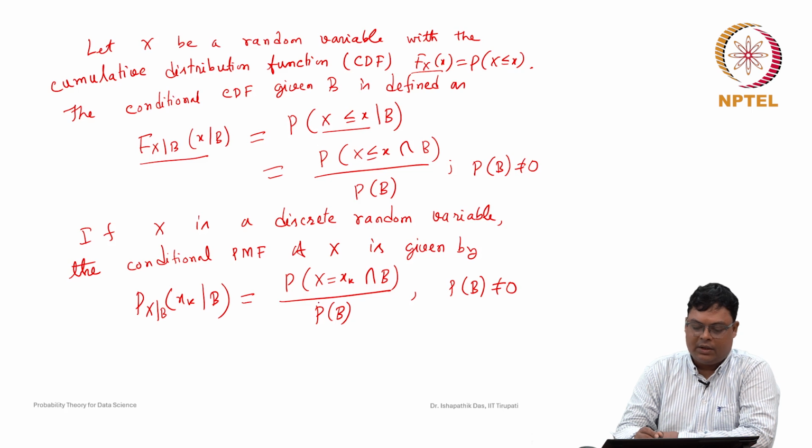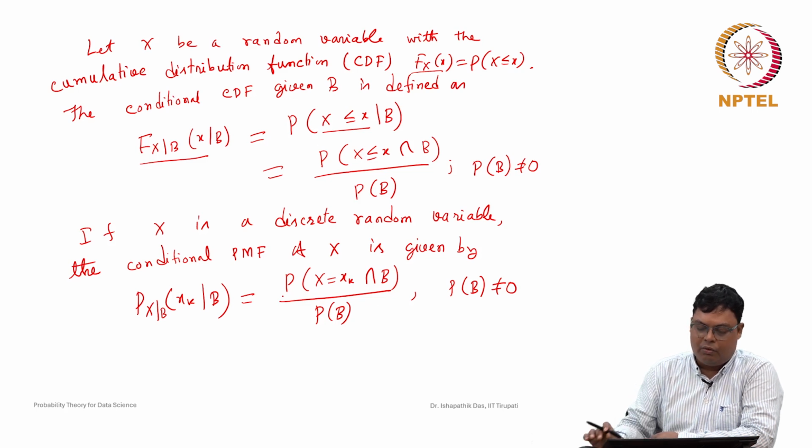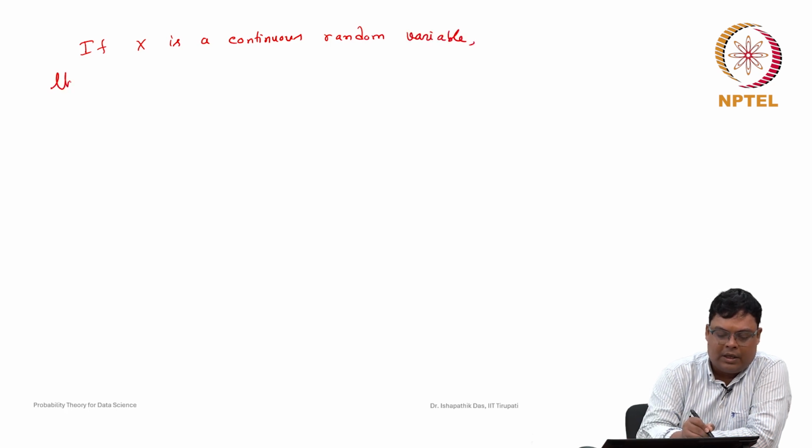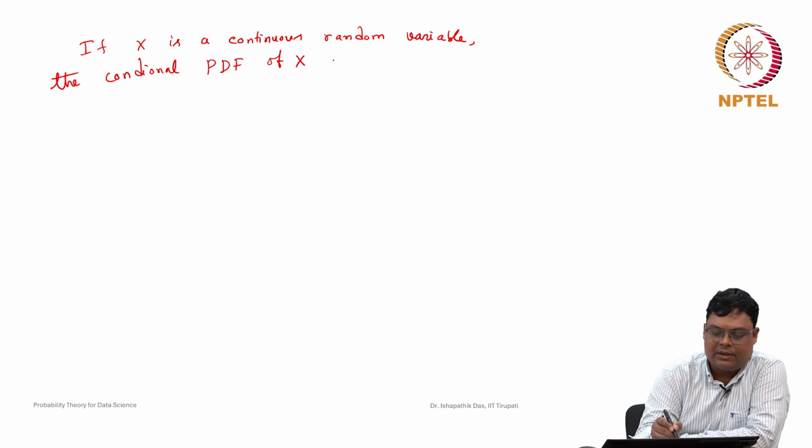So, if X is a continuous random variable, the conditional P.D.F of X given an event B is defined as f_X(x | B).